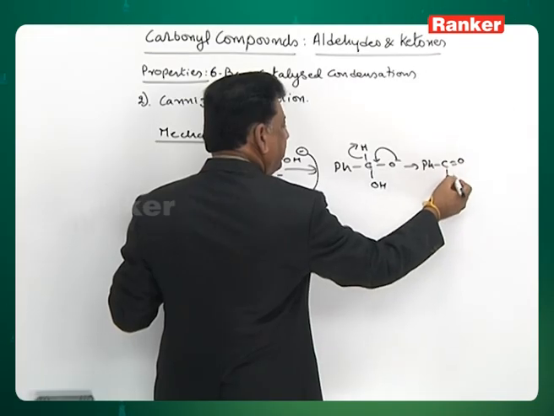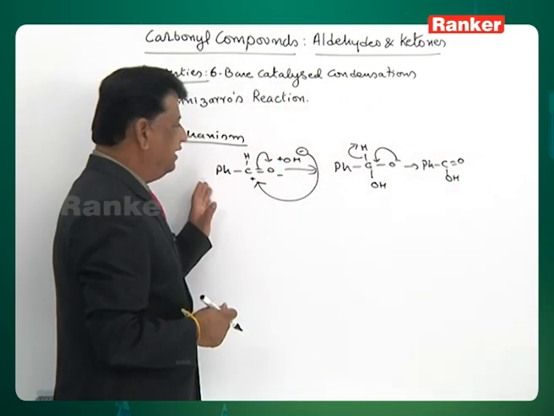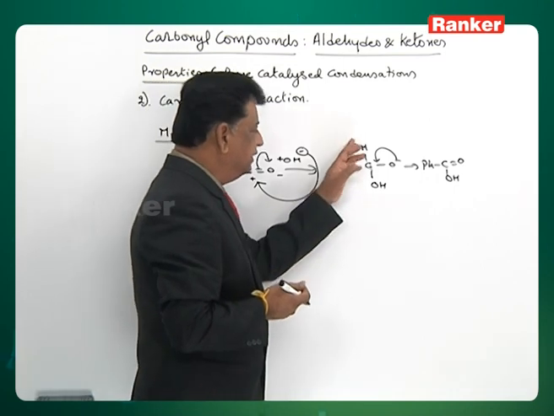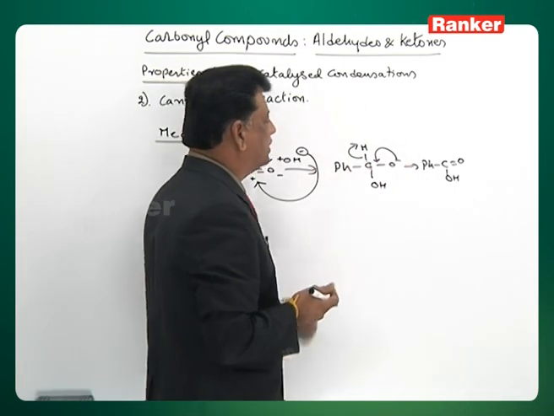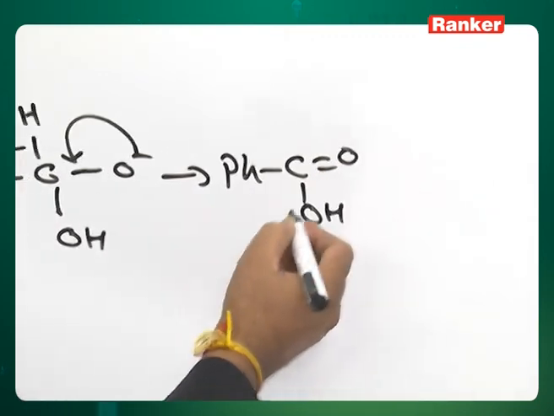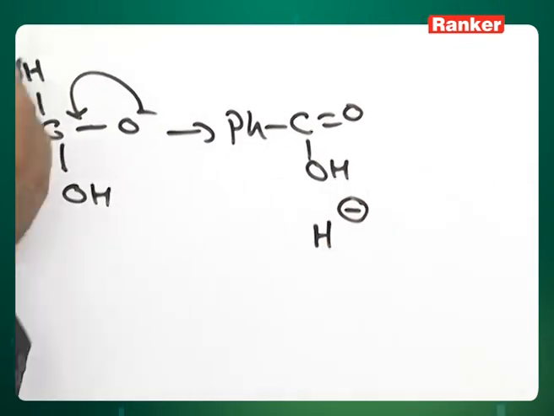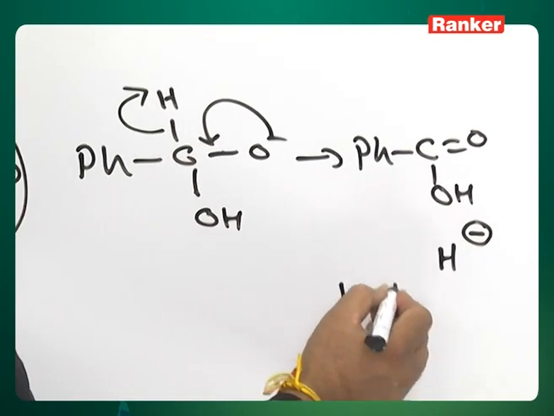So, one compound you got ready: benzaldehyde has become benzoic acid, which means it has undergone oxidation, the expulsion of this H minus. But here you will have an H minus also, H with a pair of electrons, H minus, known as the hydride ion.